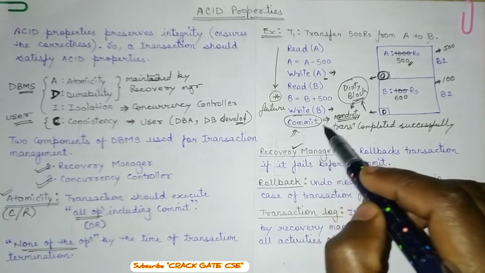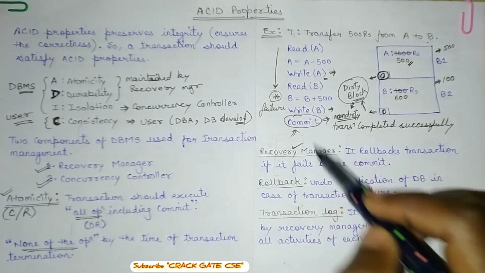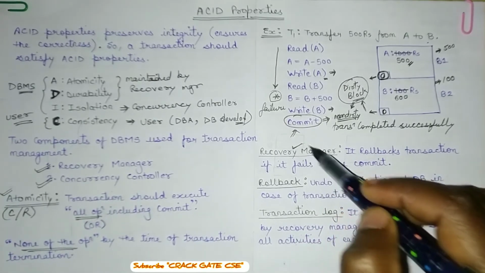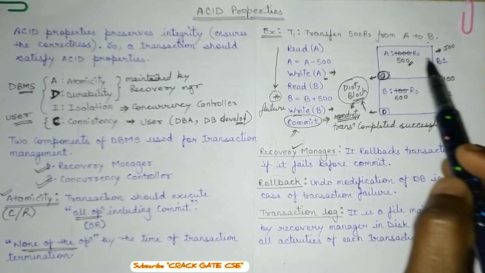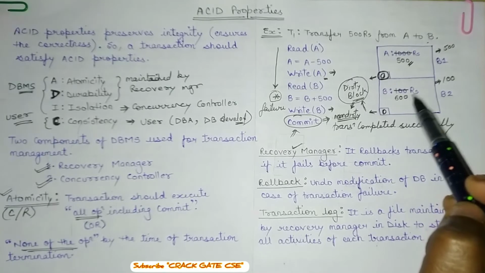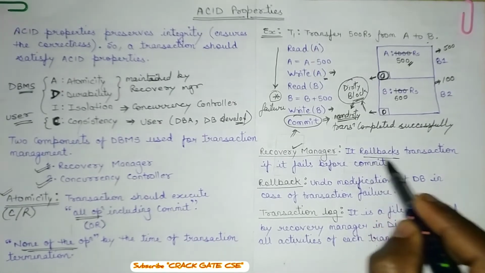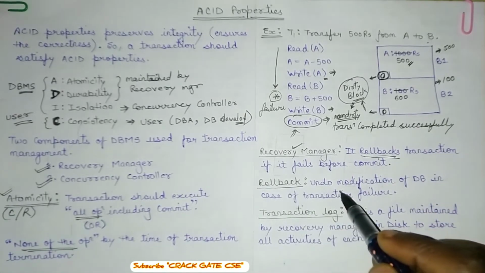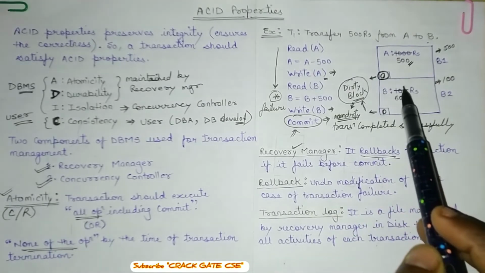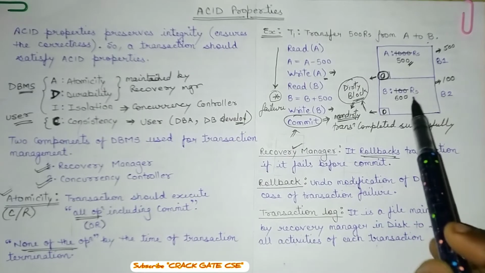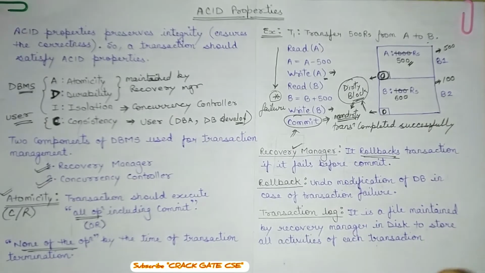So here you can see that we are getting a failure before the commit operation. So the recovery manager will perform the rollback and reset the values to the initial values, which are 1000 and 100. Right? Now what is rollback? Rollback is the undo of modifications. That means whatever modifications have been made in the particular database will be undone.